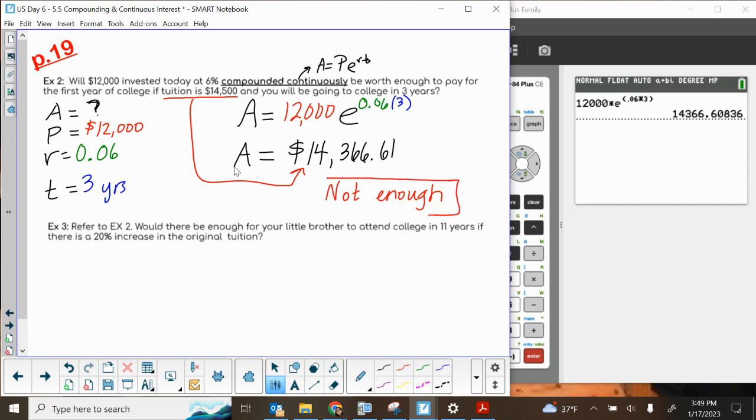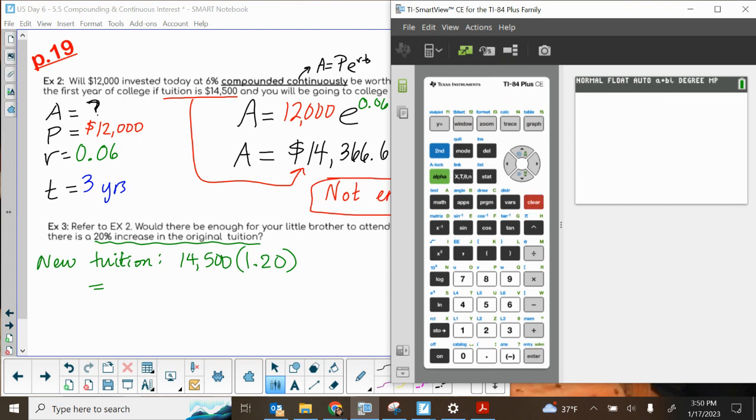Now, example 3 says, well, what if tuition has a 20% increase? So will it be affordable for your brother in 11 years? So let's see, the new tuition is the old tuition times 120%, right? Or 1.20.